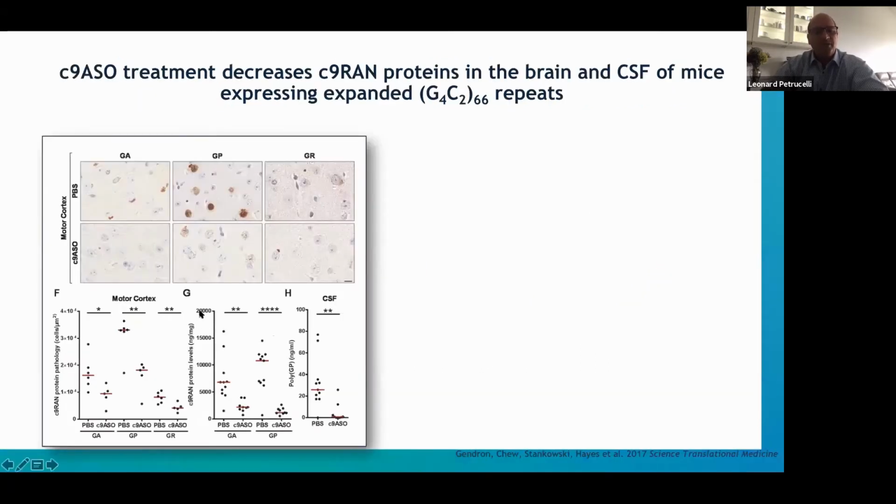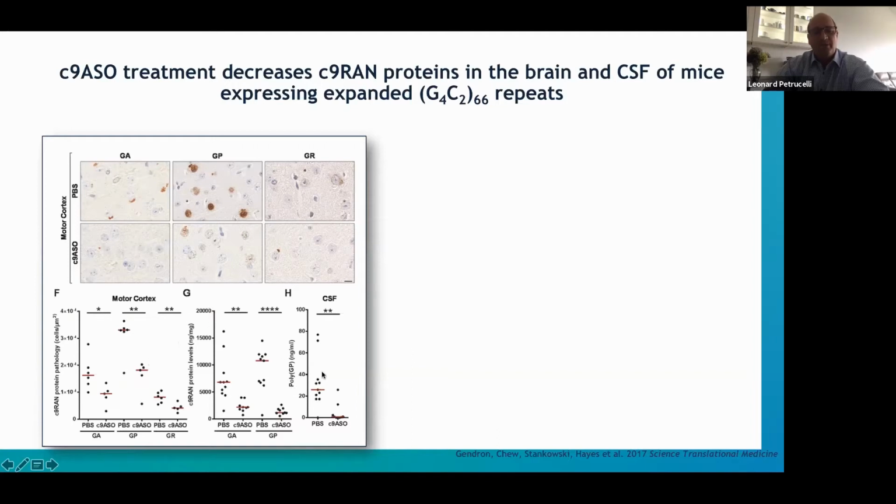I've also just included this because it was a preclinical trial in which we dosed our C9 AAV animals with ASOs, and while we saw a significant reduction in the number of RNA foci, which is not shown, in the three dipeptide repeats here, GA, GP, and GR, you can appreciate the significant reduction in immunochemistry as well as biochemical analysis.